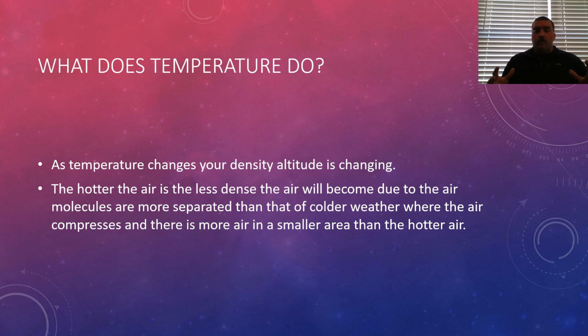When that air is colder, the air molecules come closer and shrink together. Therefore, the density of that air in the small area is a lot more dense. There's more air molecules there. So that's how temperature will change our density altitude.